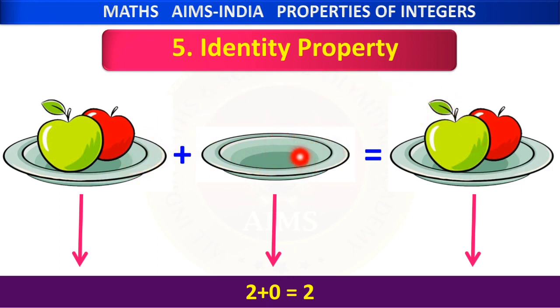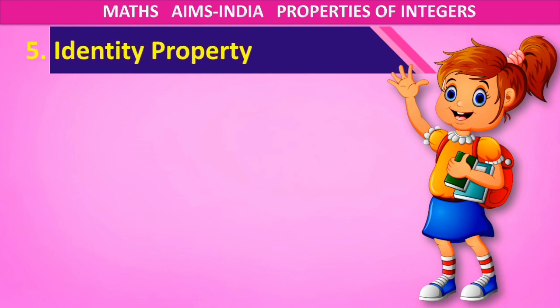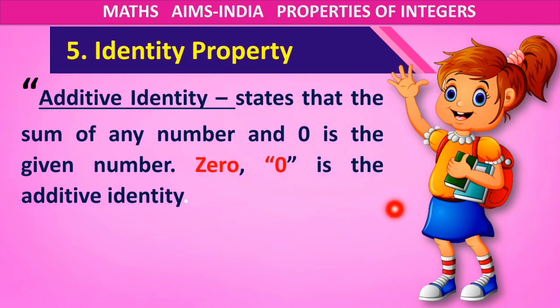There should not be any change in the identity of the number. Now how do we do this? We do this by adding 0. When we add 0 to any number, then we get the same number. Additive identity says that the sum of any number and 0 is the given number.